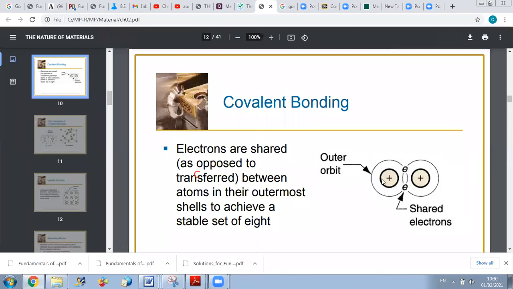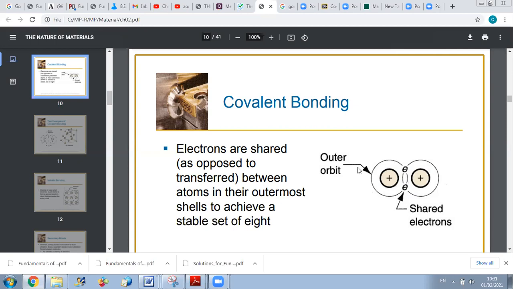So if this is H, for example, H will now have 2 electrons on its outer orbit, because it has already 1 and it's sharing 1 with the other. So you will have 2 electrons in common between the 2 atoms. So after doing a covalent bonding, H will have 2 electrons on its outer orbit.